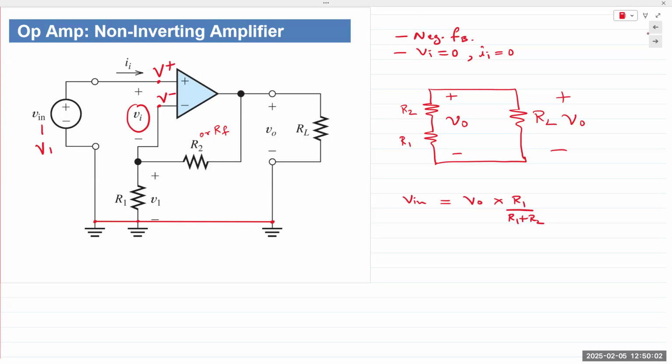Voltage at this point will also be equal to V in. And so it will be VO times R1 over R1 plus R2. If we rearrange the terms, it becomes R1 plus R2 over R1, which becomes 1 plus R2 over R1. So the gain of a non-inverting amplifier is 1 plus R2 over R1.